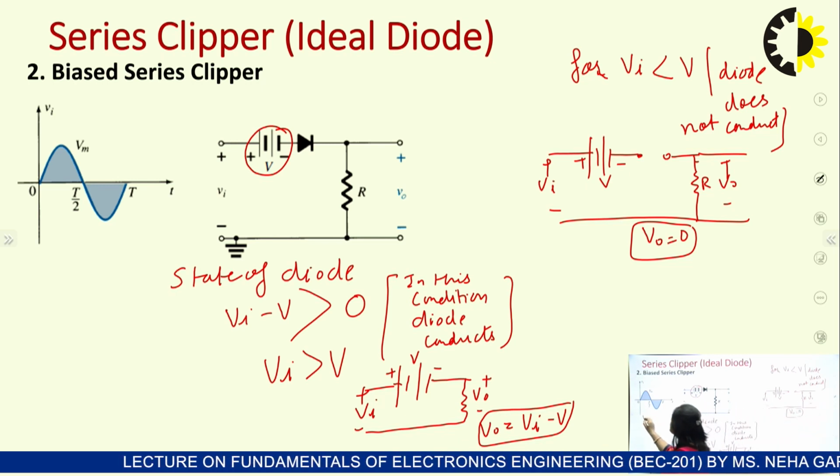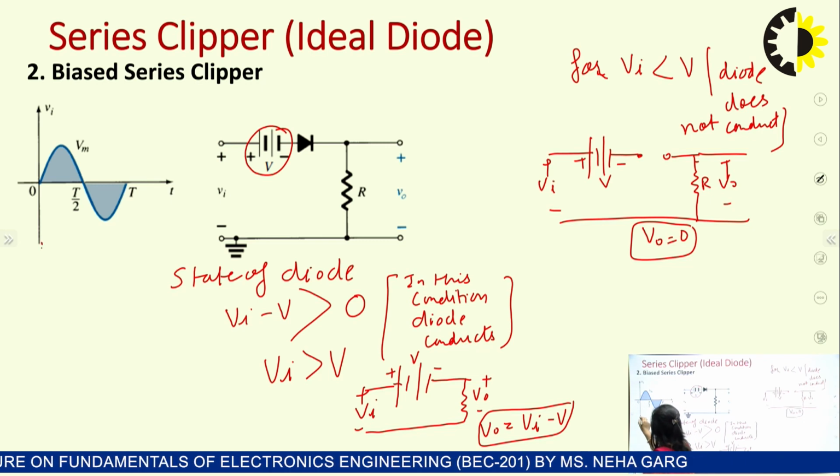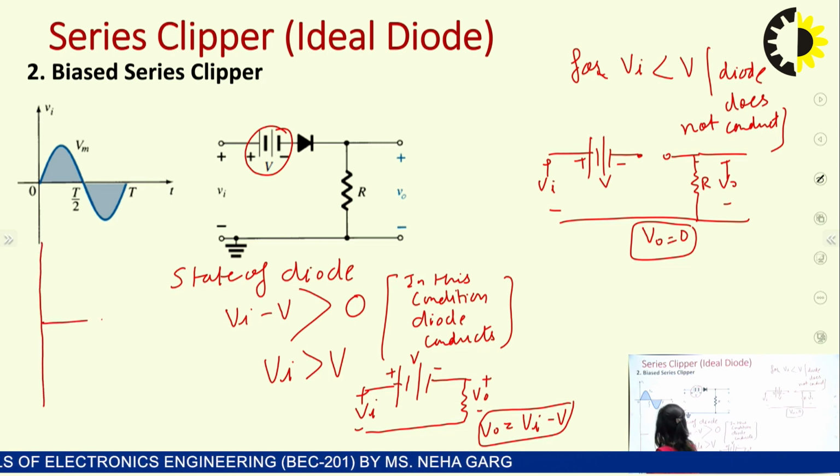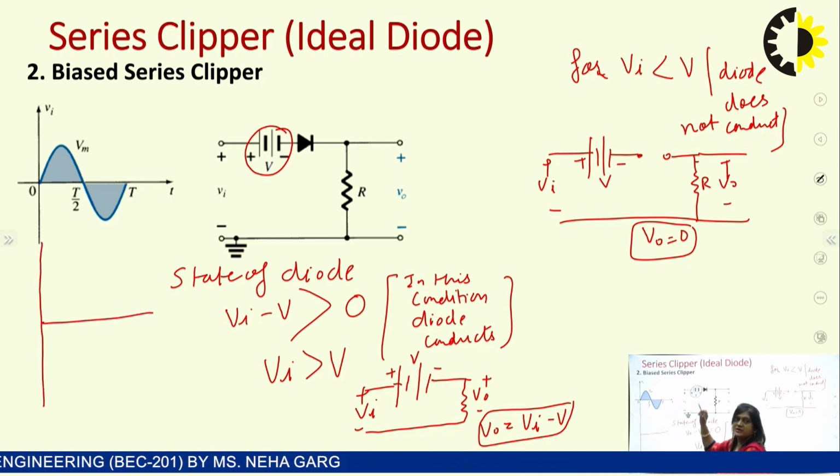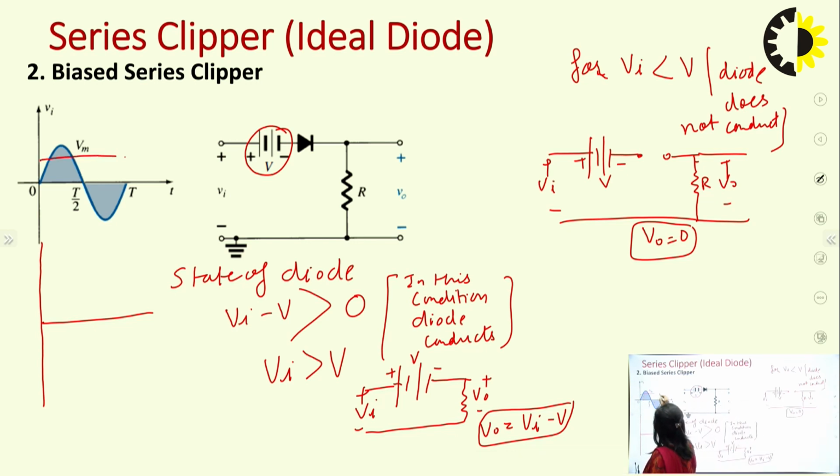So for the waveform, this is our input signal and the output would be, now this is plus V, so we will draw a line of plus V from here. This is our plus V, and from here we can plot it this way.